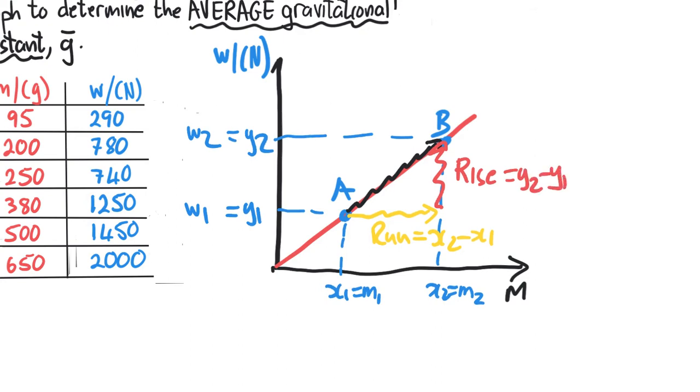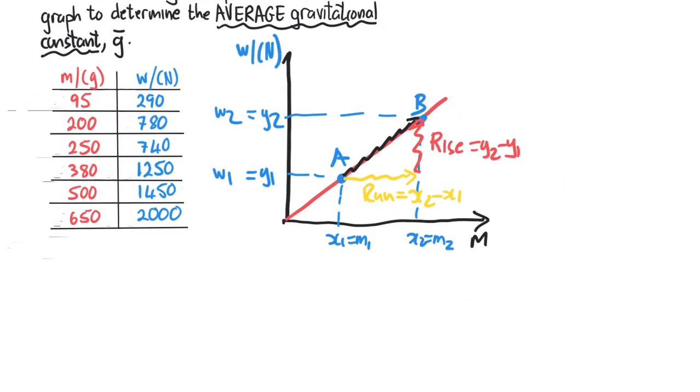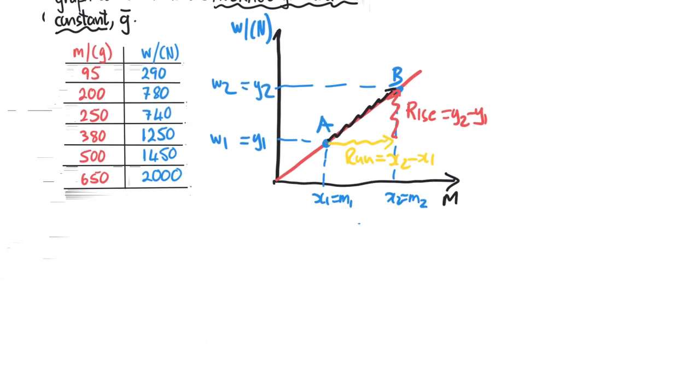All right, so now we're going to work out the slope, or the gradient, and we are going to use the slope in order to determine the average gravitational constant. So it's going to be rise over run. The rise is going to be y2 minus y1, and the run is x2 minus x1.